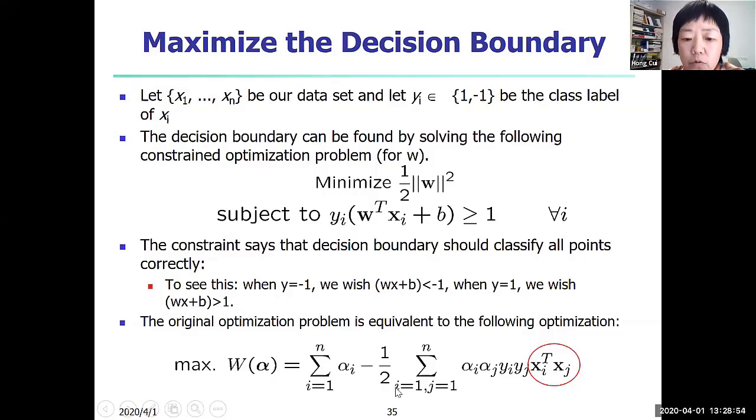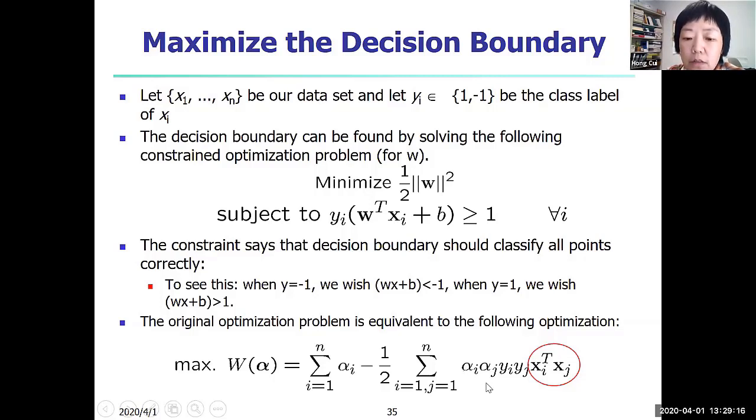What is important to observe is that in this optimization problem, this is the input training examples: one example and another example, and this is a dot product of these two.